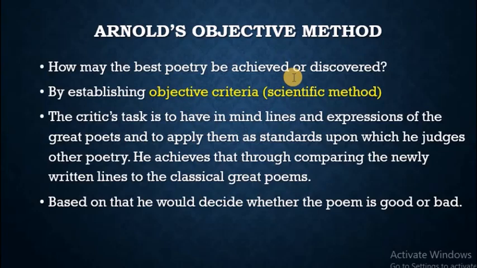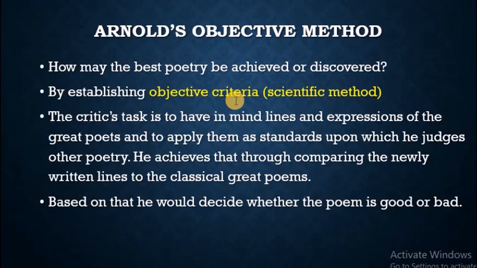This is what he calls the objective criteria, which is actually derived from the scientific method. We can say he was influenced by these scientific atmospheres, because most philosophers and writers were following scientific objective methods, so he also tried to take this scientific method and apply it to literary criticism.